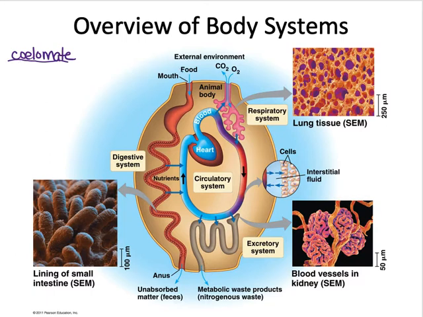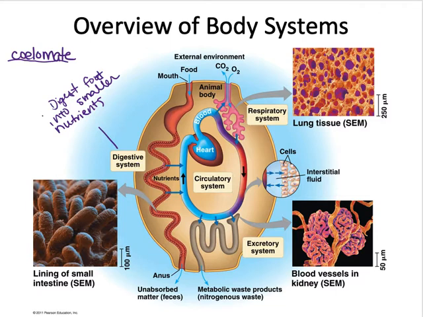So here we have our complete digestive tract. In the digestive system, the major function is to digest food into nutrients that can be absorbed into the bloodstream, that our cells can use.